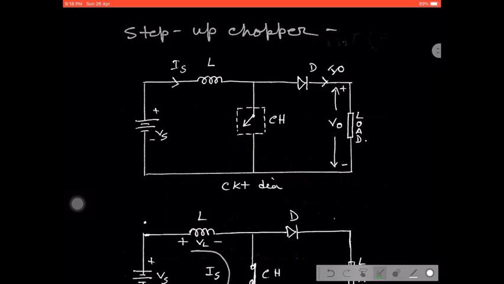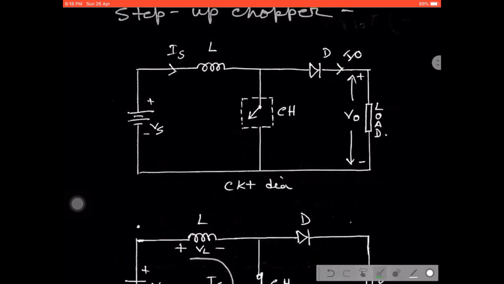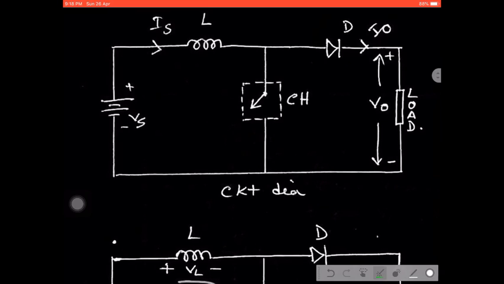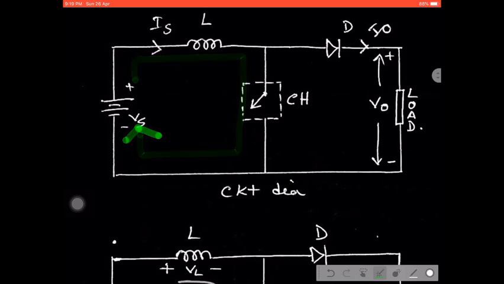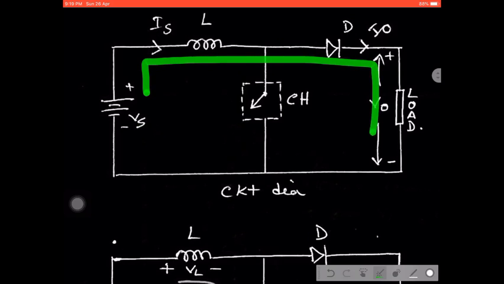So it can cover 2 mode operation. Mode 1, when the switch remains closed, the current starts flowing in this direction. In the other mode, when the switch remains open, the current starts flowing in this direction.